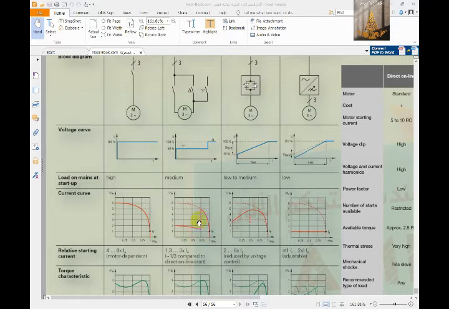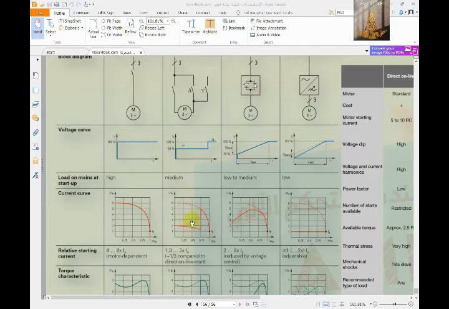So we prevent a high starting current, this part of the curve, which is dangerous for the motor, the cable or the controlling system. Okay, so it's very good. We solve a very important problem here with star delta.